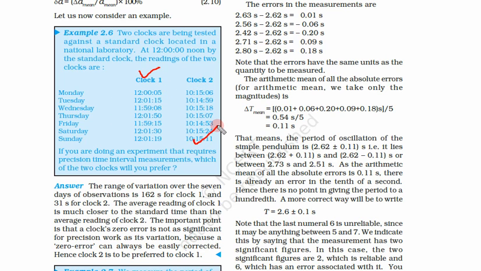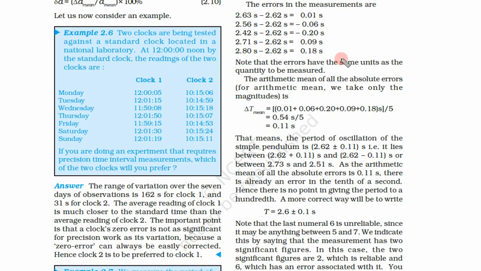So this is more precise. Now let us see what other techniques there are to check whether this is more precise or not. First, we just read the numbers and say that this difference in seconds is far more in this clock than this clock. So this clock is more precise. Now let us check another way.